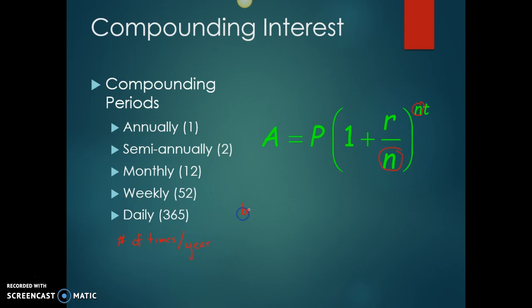If you get bi-weekly, you get paid every 2 weeks, that number is 26. Semi-monthly, that means you get paid, for instance, on the 1st and the 15th, or the 15th and the 30th of every month. That would be 25. Okay, so this is our compound interest formula.